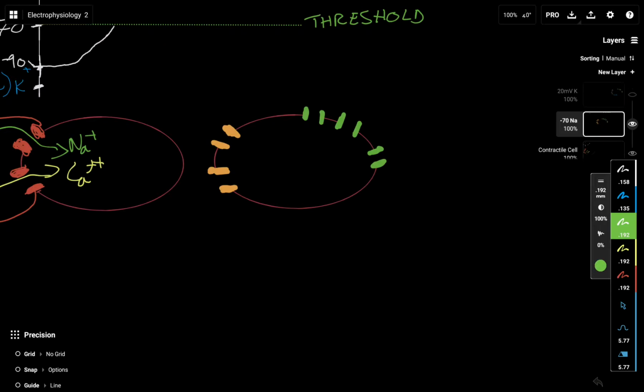So we're just going to write it here at minus 70 millivolts: my sodium voltage gated channels open.